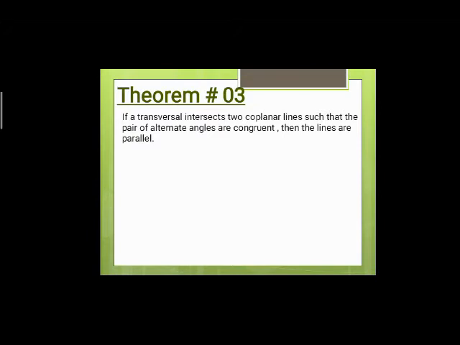A transversal is a term we already discussed in our last class: the line that intersects two lines is called the transversal line. So if a transversal line intersects two coplanar lines such that the alternate angles are congruent, we have to prove that both lines are parallel.